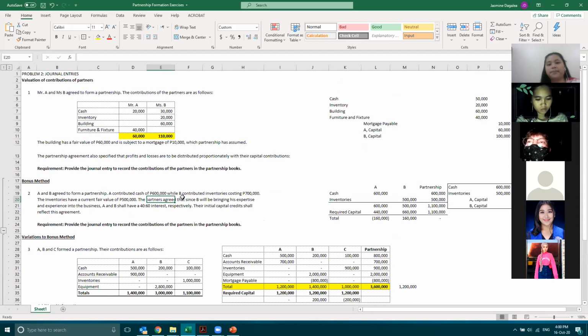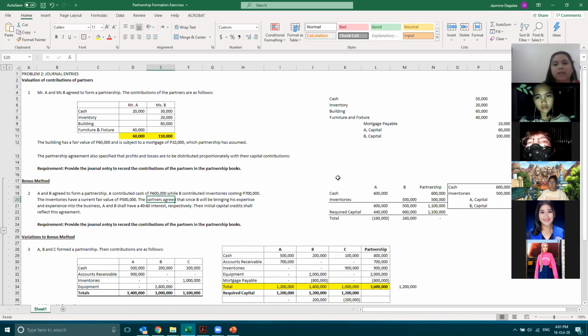Okay? So pwede ring scenario, magkakaroon ng cash settlements among partners. And magkakaroon ng additional investment and withdrawal between partners para ma-bring yung profit sharing ratio nila. Para magamit yung profit sharing ratio nila sa pag-record ng initial investments.